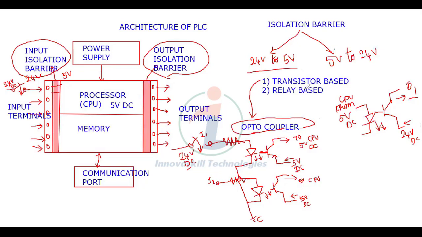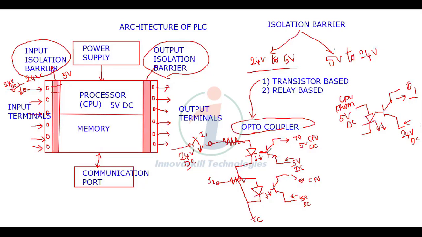How it is protecting means, see this optocoupler generally, it is the combination of LED and phototransistor. It is not interconnected. LED is separate, phototransistor is separate. It is not connected together. Whenever this LED is activated only, this phototransistor will be doing the function.